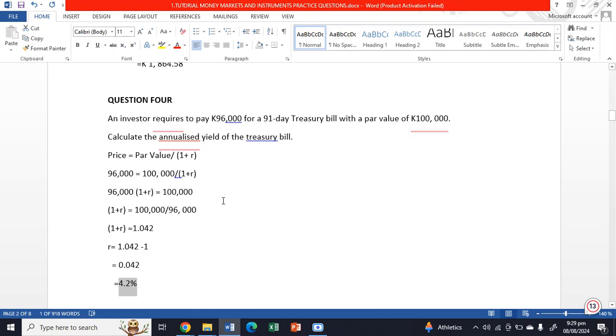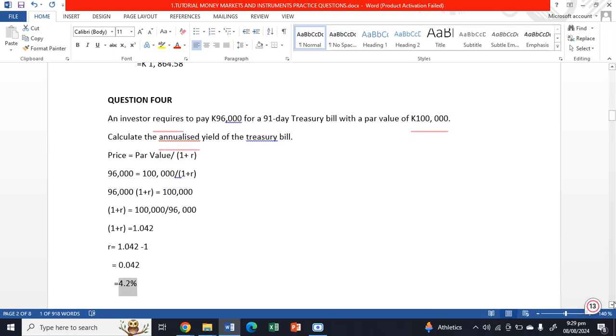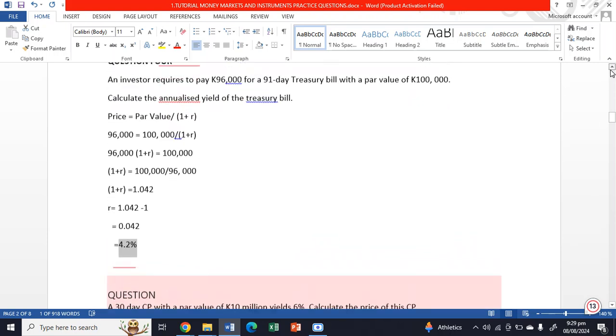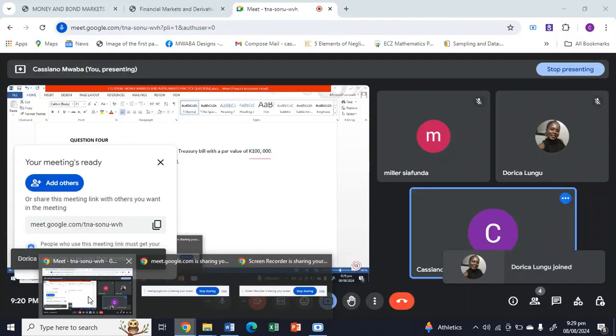So that is the annualized yield for the treasury bill. Any questions before we go to the next security, which is commercial papers?